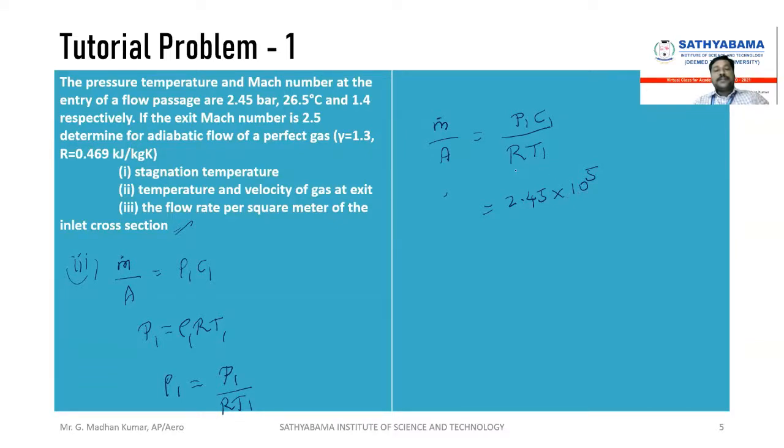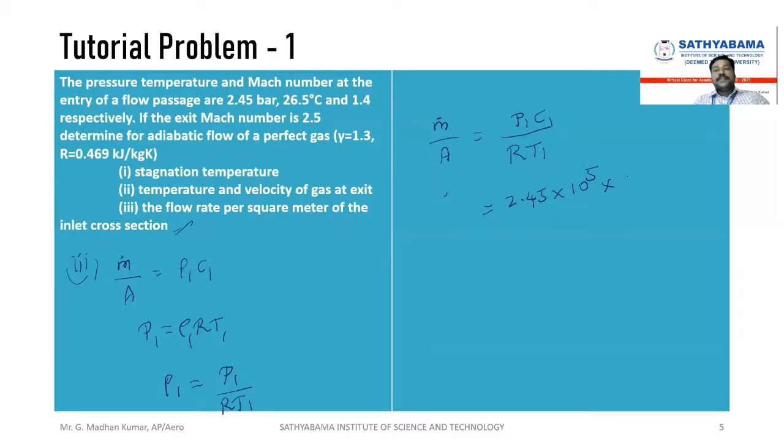Since R is in joule per kilogram Kelvin, temperature in Kelvin, and C in meter per second, you have to convert the pressure to Newton per meter square. And then your C1, right? So you have to find the C1.